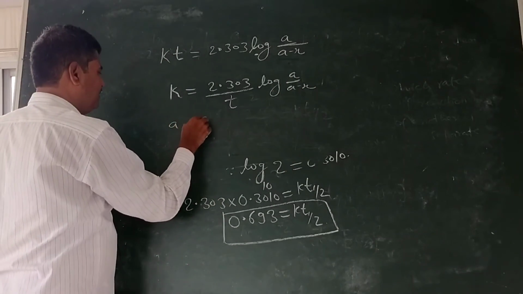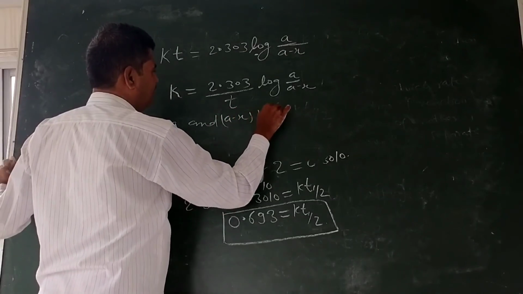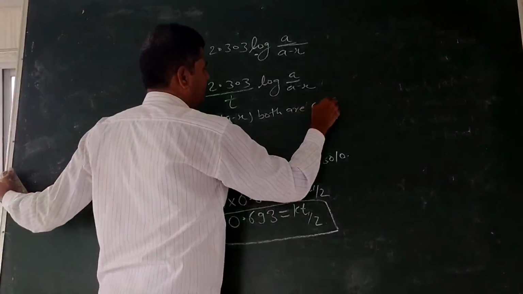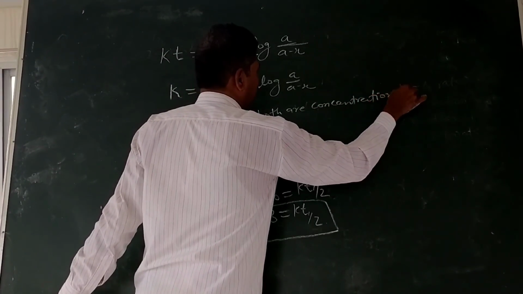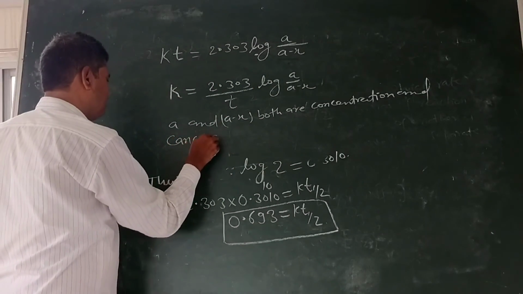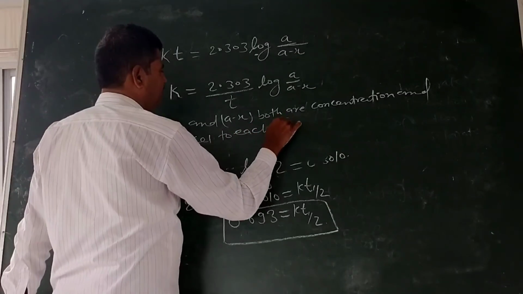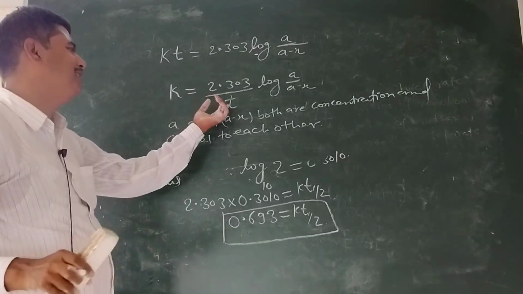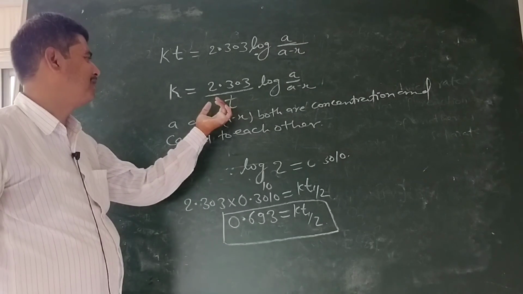A and a minus x are both concentrations and cancel each other. Thus, we have only t in the denominator.